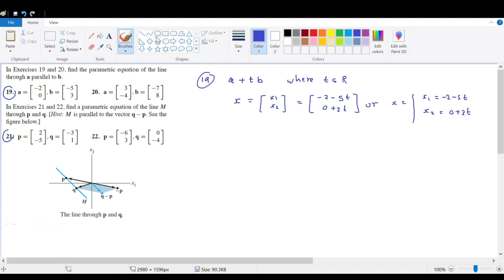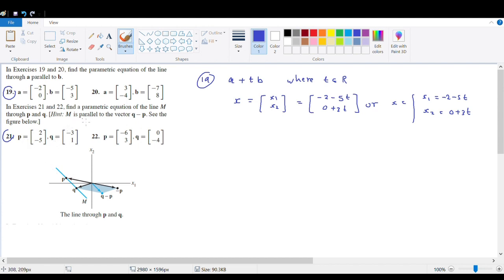So now for 21, find a parametric equation of the line M through p and q. So this is the line M through p and q. Hint, M is parallel to the vector q - p. See the figure below. So we have this is p and this is q.